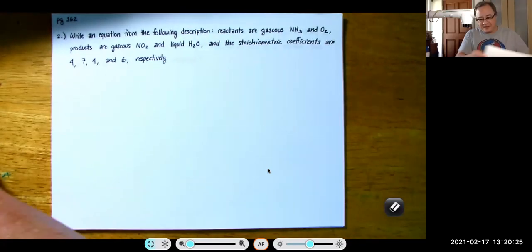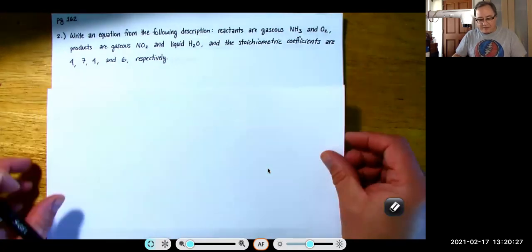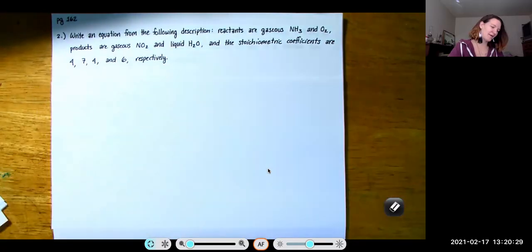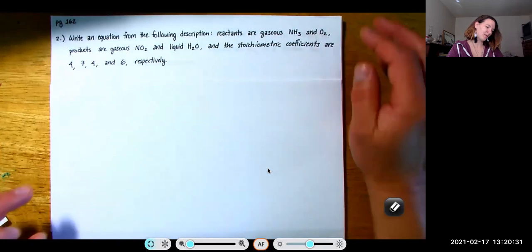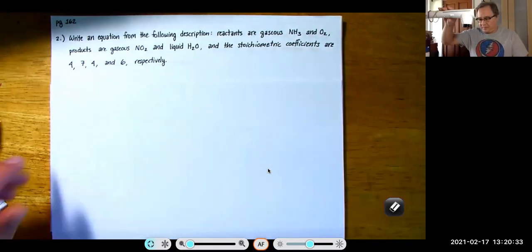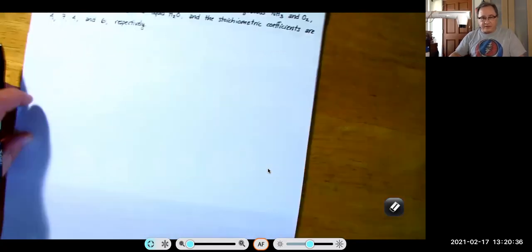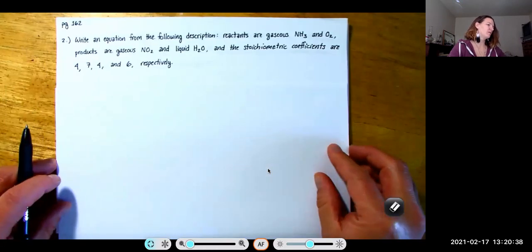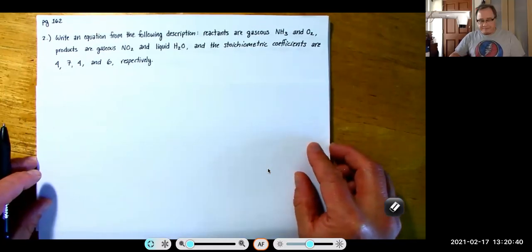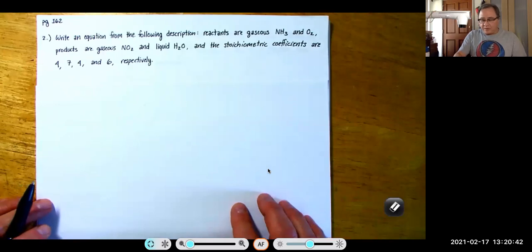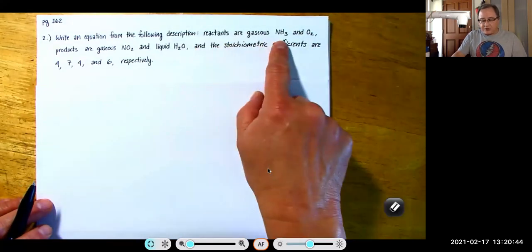Well, let's take a look here and see what we can do, okay? All right. So write an equation from the following description. So the reactants are gaseous NH3 and O2.